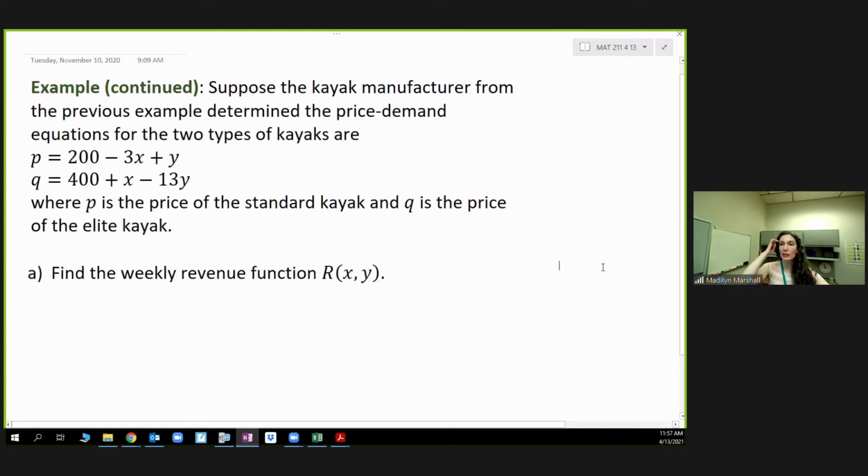So we have these two price demand equations, one for each of these kinds of kayaks. And we want to know the weekly revenue function.